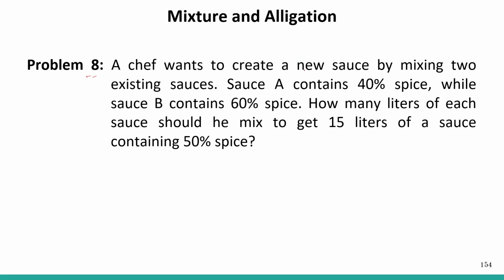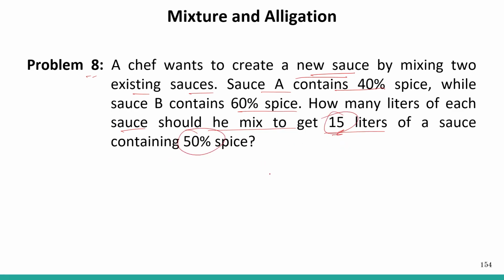A chef wants to create a new sauce by mixing two existing sauces. Sauce A contains 40% spice, while sauce B contains 60% spice. How many liters of each sauce should he mix to get 15 liters of sauce containing 50% spice? This is the target mixture he wants.